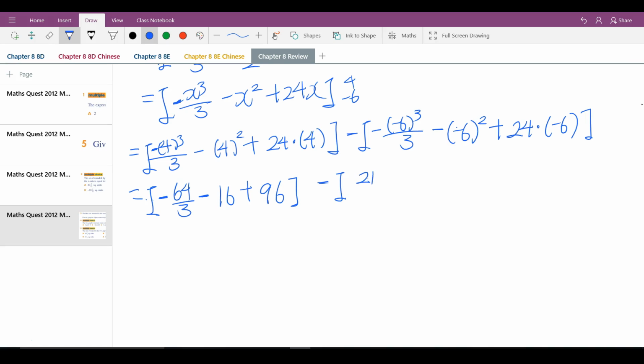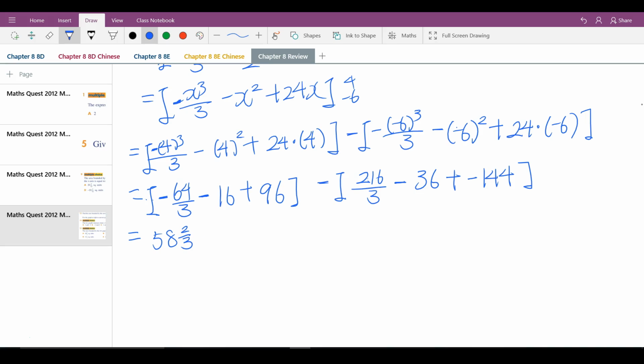So it's 216 over 3, minus negative 6 squared is 36, plus 24 times negative 6 is negative 144. Let's do all the numbers inside the brackets. Negative 64 over 3 minus 16 plus 96 gives us 58 and 2/3.